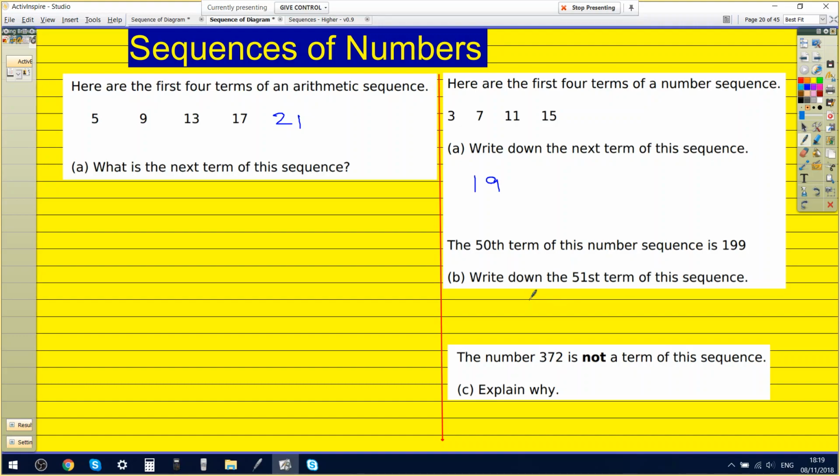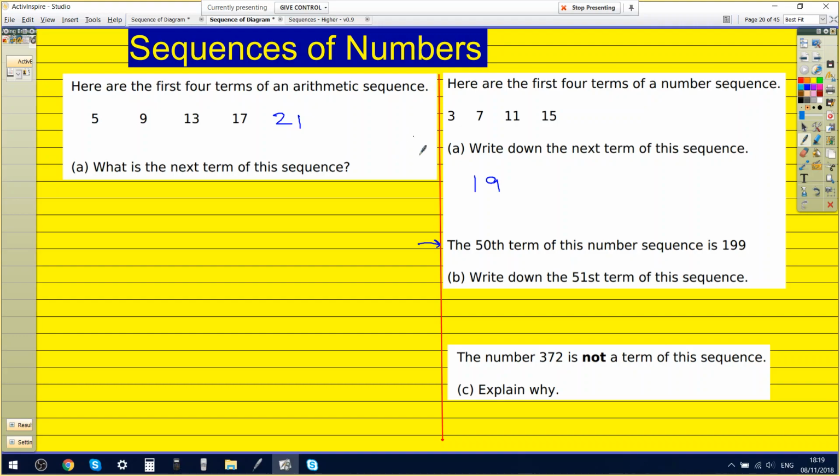Hold on. 50,000 something. I didn't see that bit. Yeah. Would it be 203?